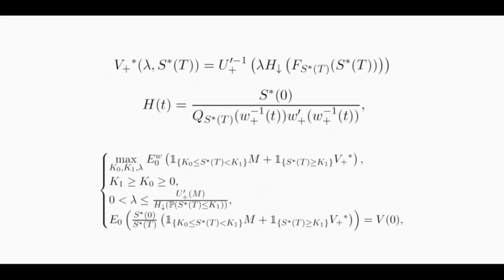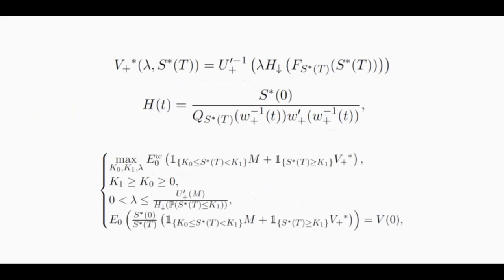So finally, the optimization problem becomes to maximize over 3 parameters, k0, k1, and lambda, of these distorted expectations under these constraints and the budget constraint.